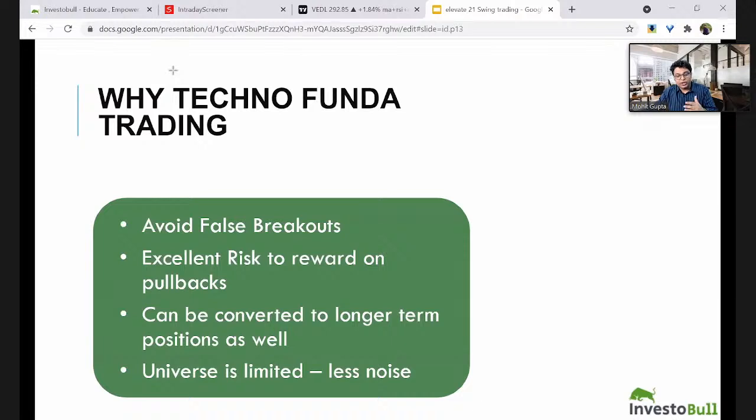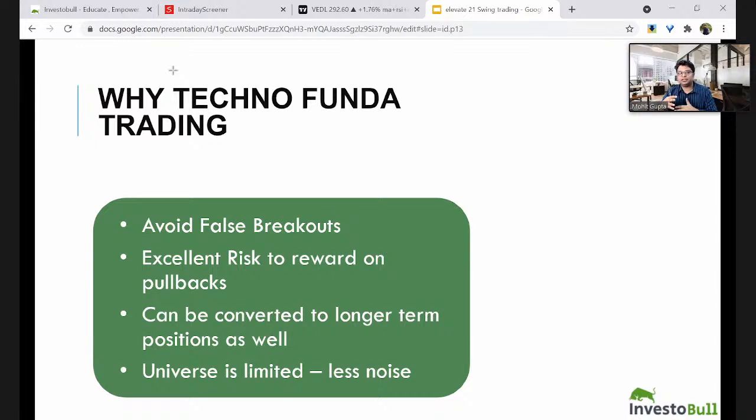Also, the universe is limited. So when we go about technofunda trading, we limit our universe to a limited set of stocks, and due to the limited set of stocks, there is less noise because we have fewer stocks to monitor. And once we keep tracking these stocks, we get familiar with the structure of these stocks, how these stocks behave actually, and which is the most likely pullback point for any stock.